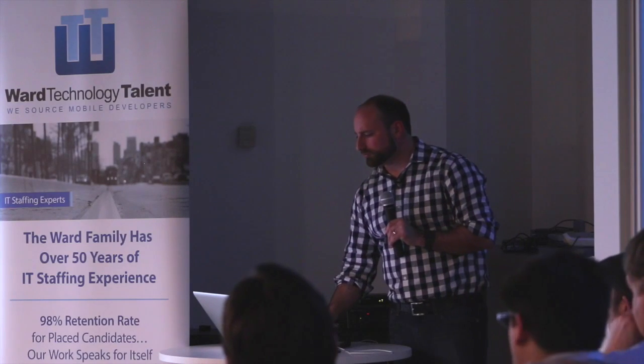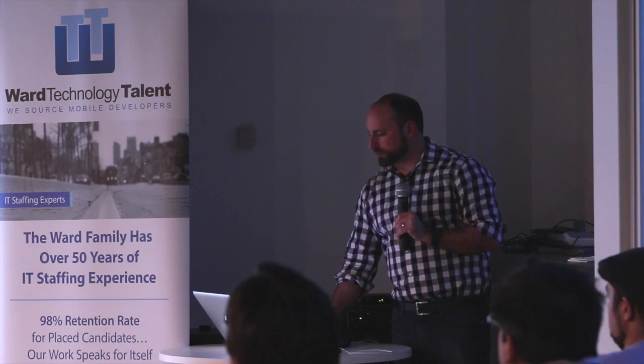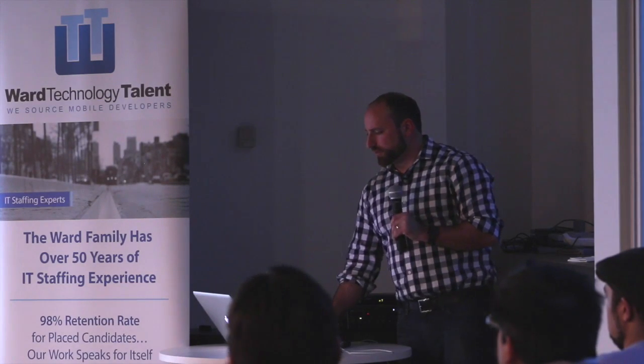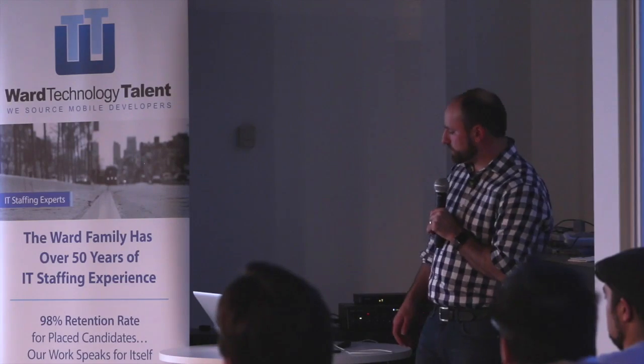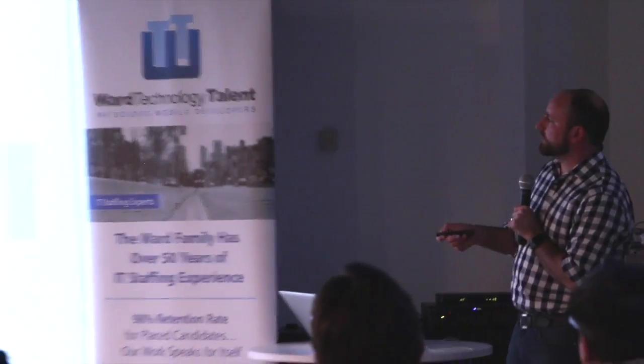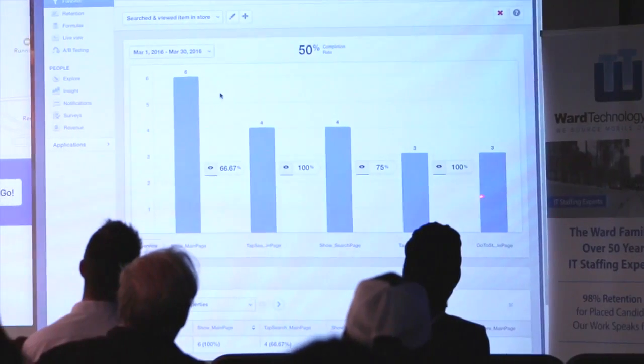Useful. Funnel reports are a little bit more interesting. So I'm going to take a look at, let's see, this funnel report. This is representing a workflow of users who have started the application, searched for something, and then viewed the store page for it.